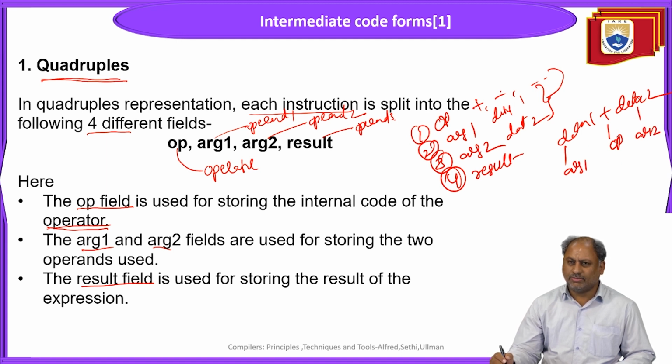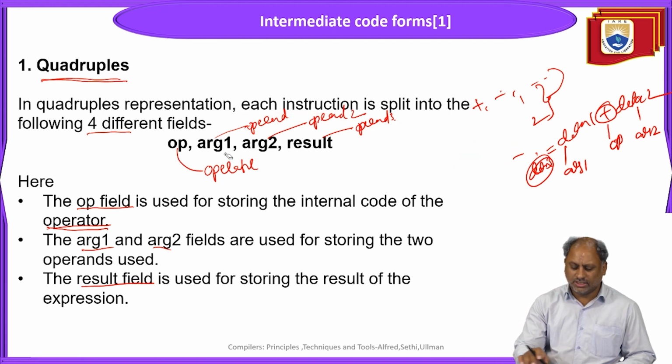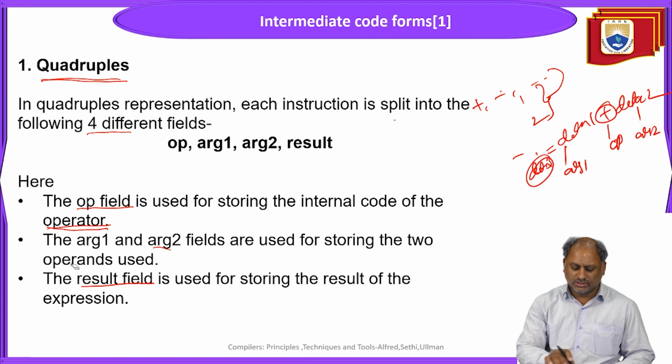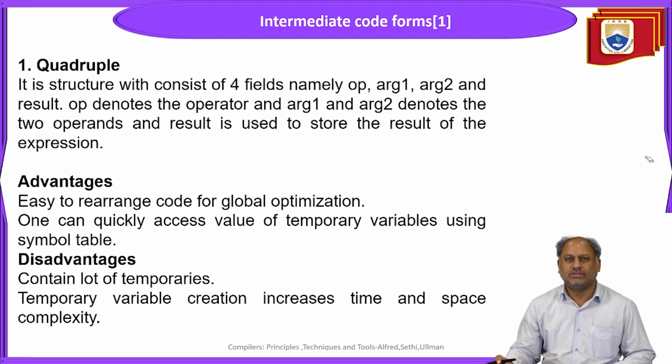Now we are performing the operation, so after performing the plus operation we will get some data. This data is nothing but the result. Let us see an example of how this syntax represents the quadruple notation. Through an example, we will clearly understand this quadruple representation.